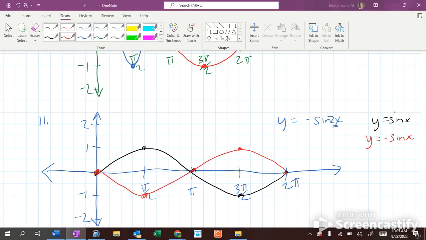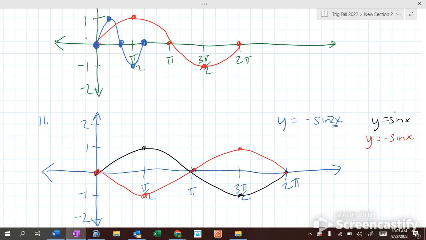Then from the negative sine of x curve, I'm going to graph negative sine of 2x. So the 2 says that if my period is 2 pi over 2, it should end at pi. So it's going to start there and end there, and I go halfway in between, there. So it'll be there and there. Should look like that. We good?